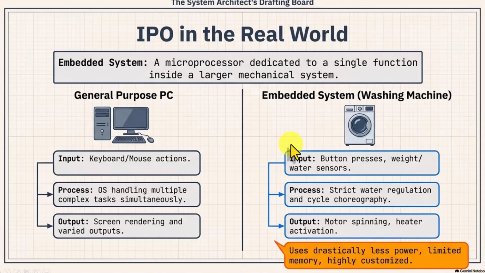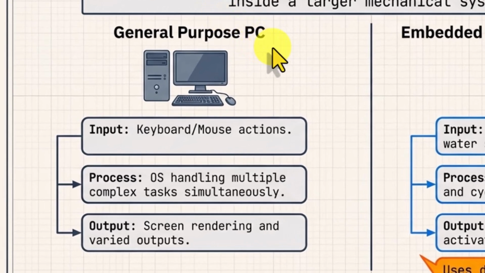So, IPO in the real world: as we told you, the IPO system is present in any system. We have the general purpose PC. Here the input is given with a keyboard, mouse actions, or things like that. The process is the operating system handling multiple complex tasks simultaneously.